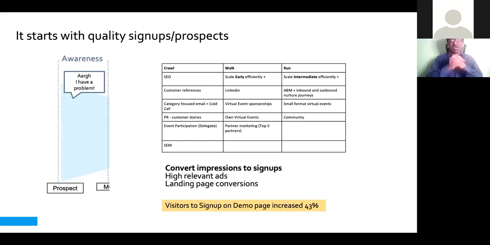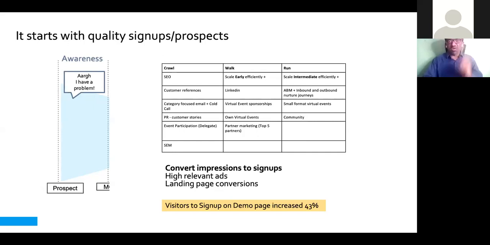So overall, to sum up this slide, the idea is to start with channels which are relevant for your industry and relevant for the stage you are in, and then focus on converting these micro metrics into signups. Let's say you're working on LinkedIn, email, and SEO.